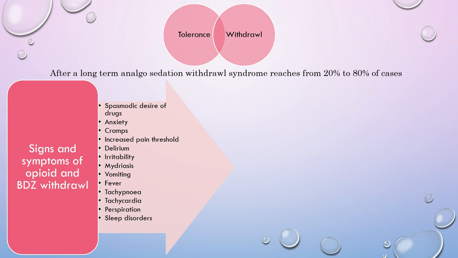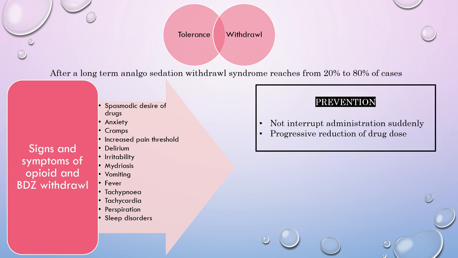We can act mostly by preventing the appearance of this side effect by reducing the time of analgo-sedation, but most of all by not suddenly stopping the drug, but programming a progressive reduction of the drug dose when we want to evaluate our patients and stop analgo-sedation.